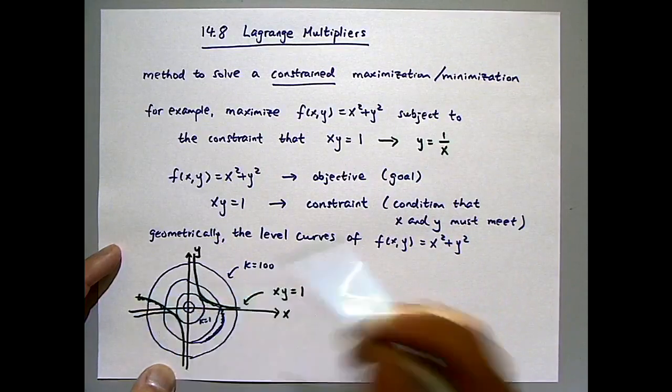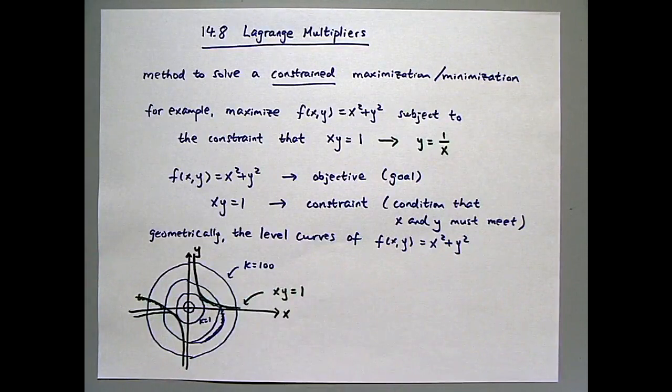Sorry, this shouldn't cross the x-axis there. It lives entirely in the third quadrant. So what we're doing here is we are constrained to travel on these two green curves. The constraint.